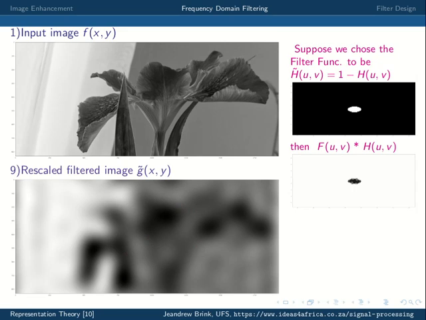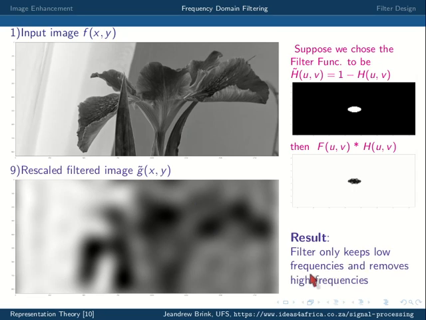Because Fourier transforms are additive, the Fourier transform of one function plus another function is the sum of the Fourier transforms of the functions independently. So you know that this image plus the other image, a linear combination of them, will always give you back our original image. This filter keeps the low frequencies and removes the high frequencies.